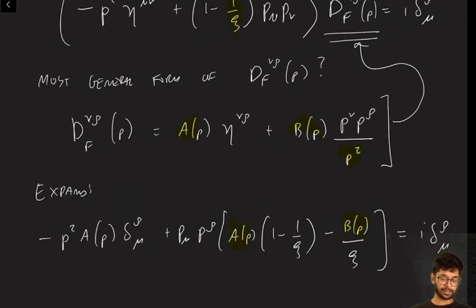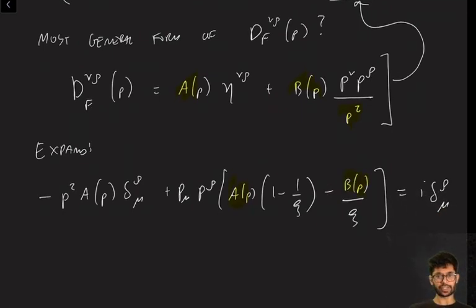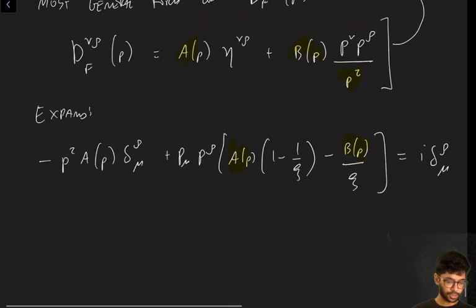As an aside, it's immediately clear that if you take ζ to infinity, then there's no solution to this, which is what I meant when I said that the old propagator without the gauge fixing term was not findable. In other words, the differential operator could not be inverted. So if you now demand this, you have to adjust the coefficient of B(p) to exactly cancel the coefficient of A(p), and then the coefficient of A(p) is fixed by demanding that this thing be 1.